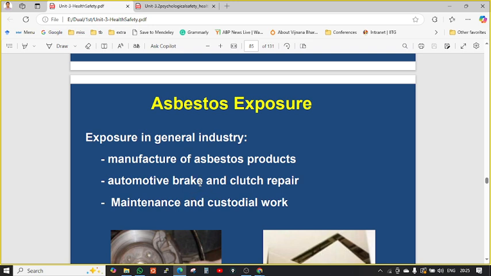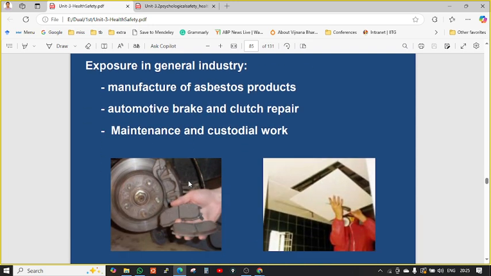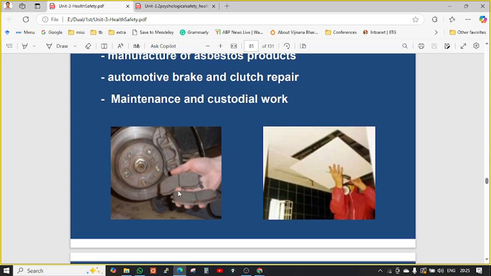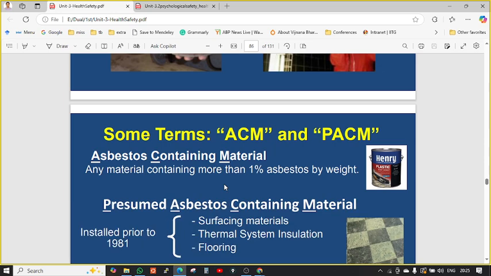That is asbestos exposure. Asbestos is a very fine material that can be inhaled into your body, and it causes various types of serious effects in your body. You can find asbestos in roofs, ceilings, and brake shoes, which are made of asbestos.